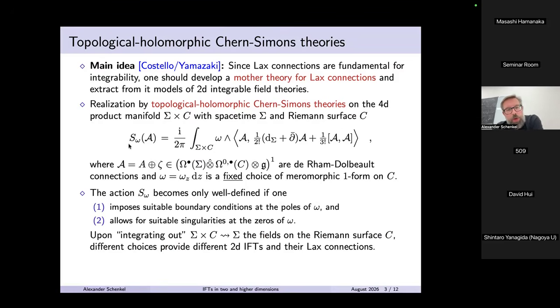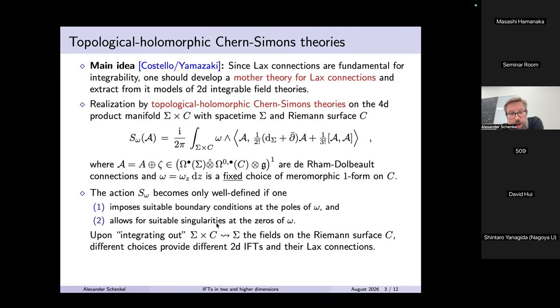Now, how the usual approach works is, okay, you impose some boundary conditions, you allow for some singularities, and then you perform some integrating out construction, which according to different people means different things, in order to reduce the theory from the four-dimensional manifold sigma times C to spacetime.